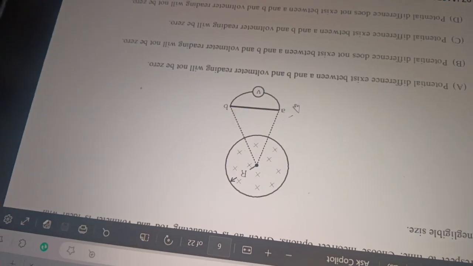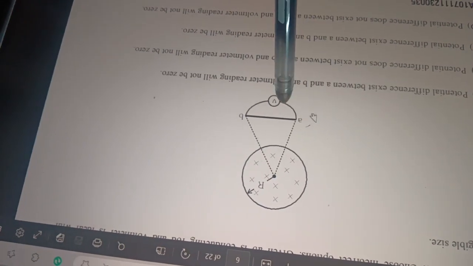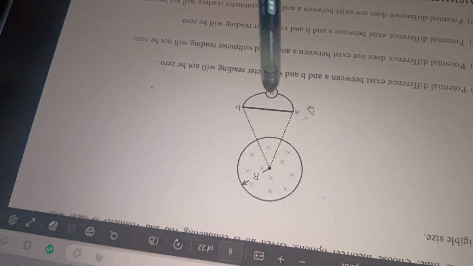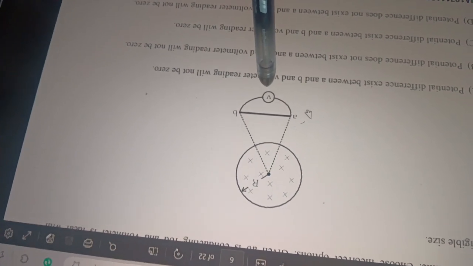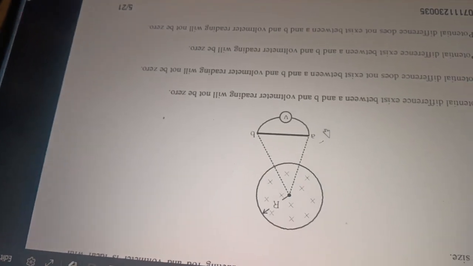So overall, in this part we have some E static, in this part we have some E static, but the total net value across this voltmeter of this E static will come out to be 0, meaning the total EMF due to the E static would be 0.